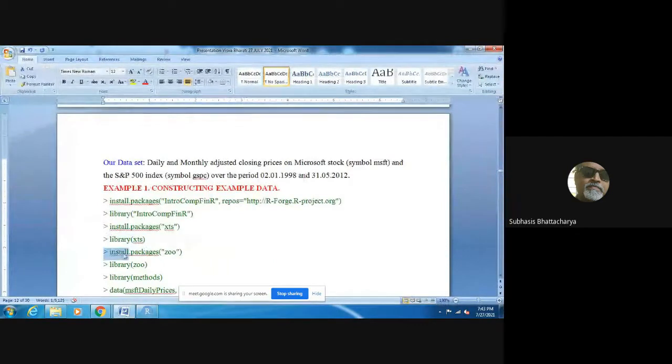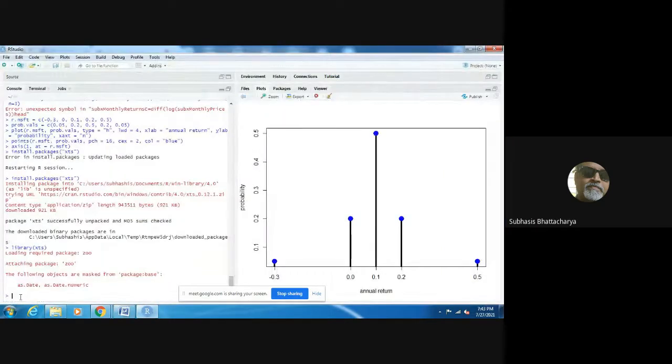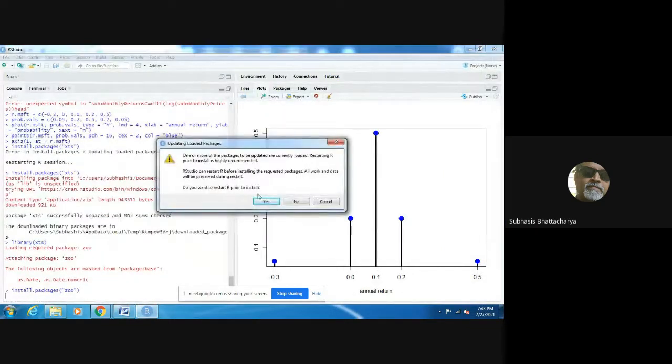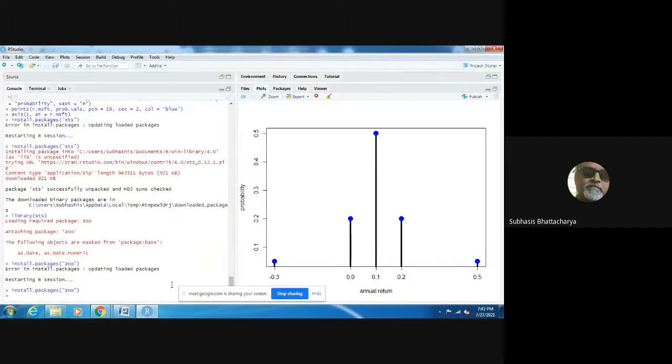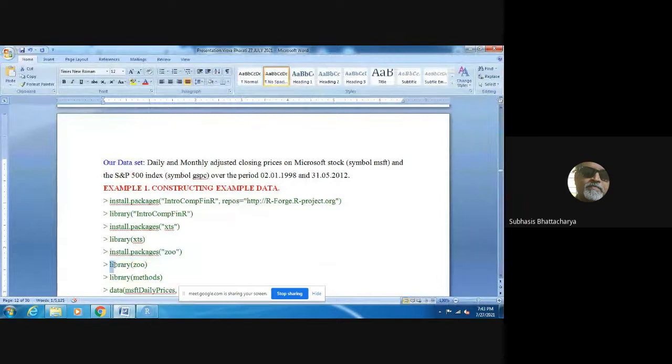Then install packages Zoo, then library Zoo is there.